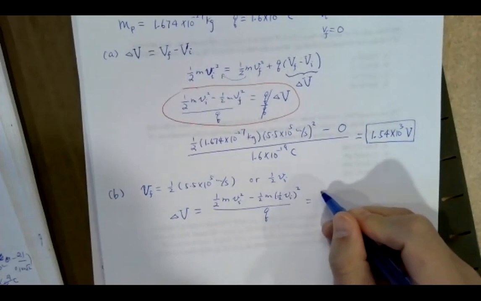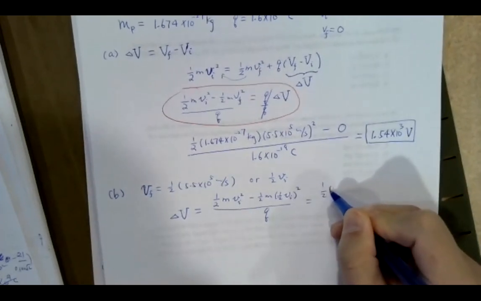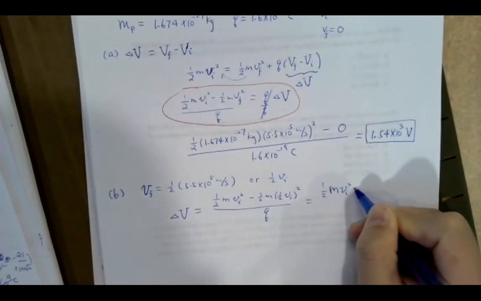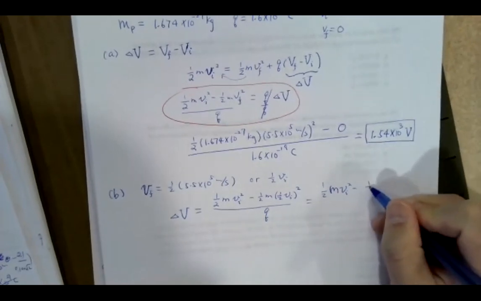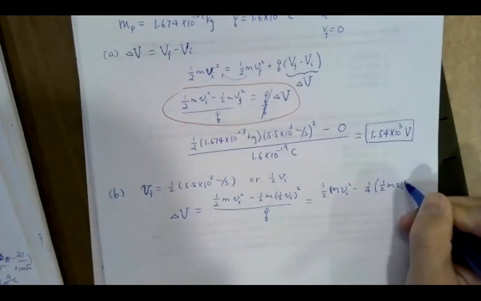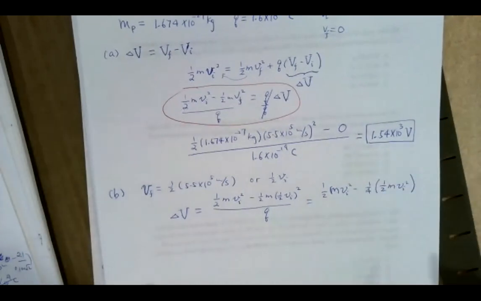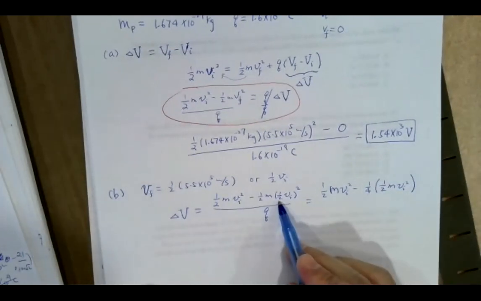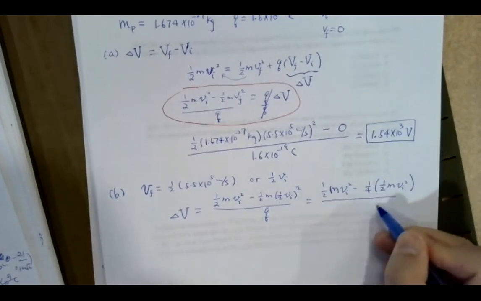So this is 1/2 M V i squared minus 1/4 of 1/2 M V i squared. This 1/4 is just coming from the square of 1/2. That over Q.